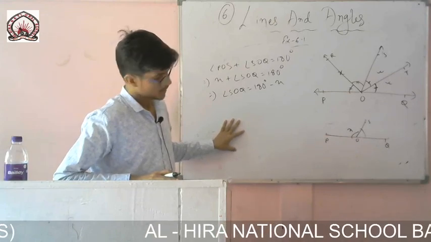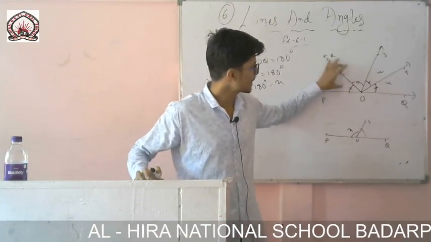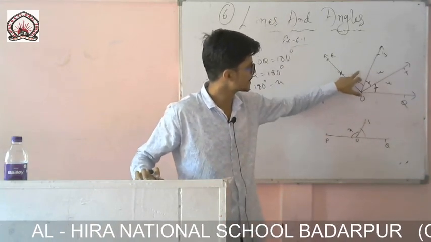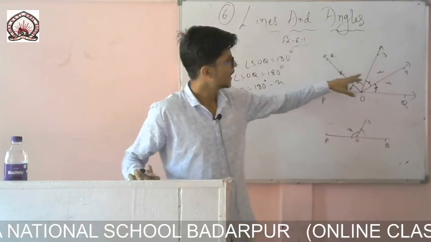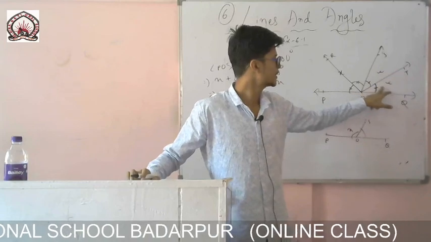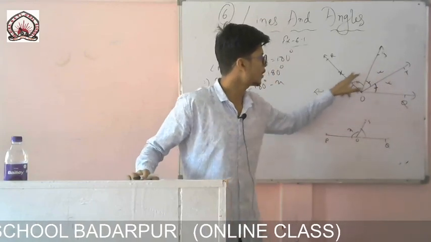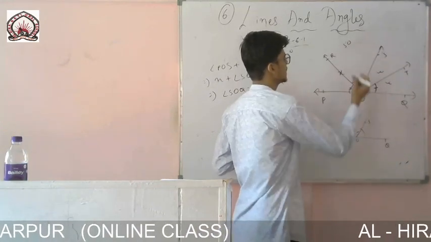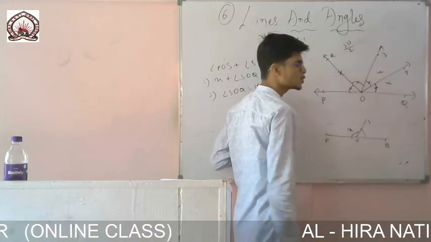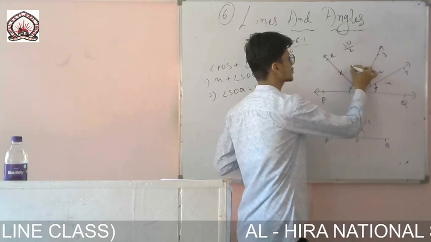Now you see ray OR, this ray bisects this angle. That means this one plus that one will be equals to the whole angle. Okay, and this one also bisects this one. So bisect means what? If this whole angle is 50 degree, then bisect means I am dividing it by 2. This angle will be equals to 25.